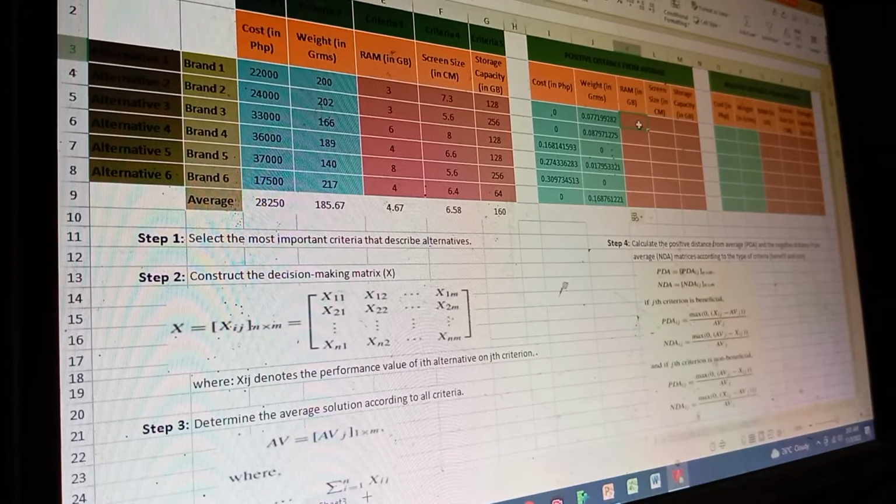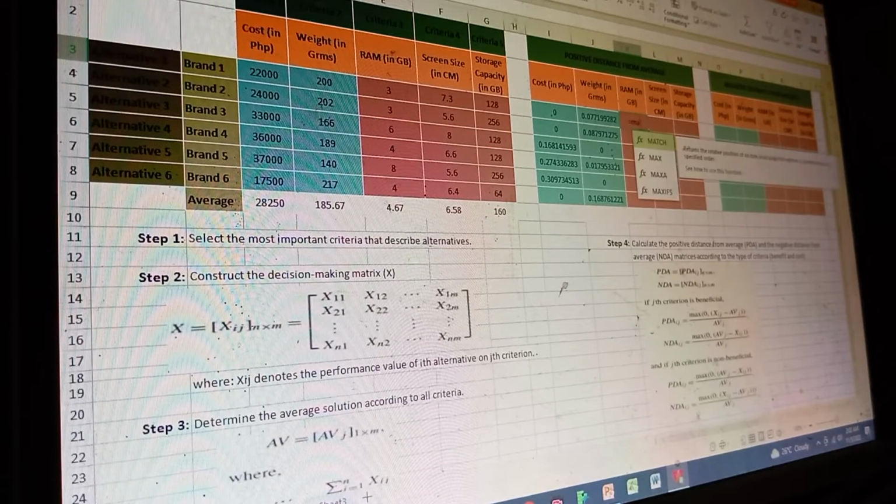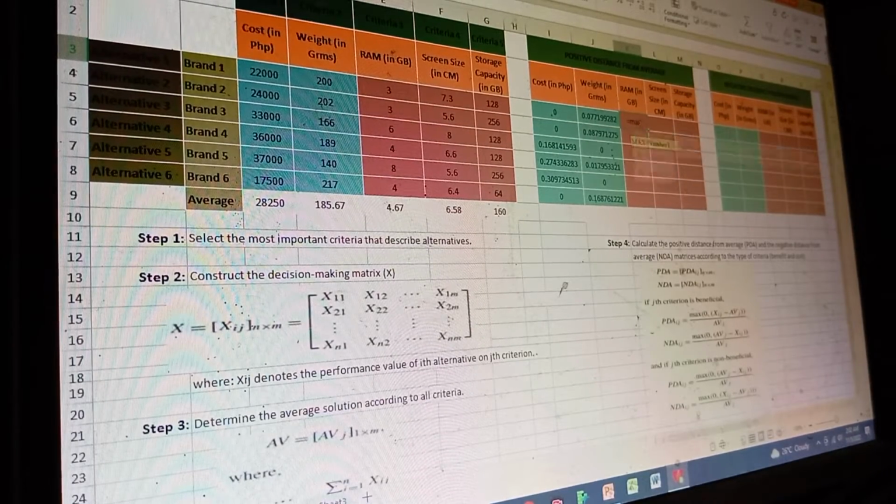Okay, then for the benefit value, it would be max, this value minus the average.